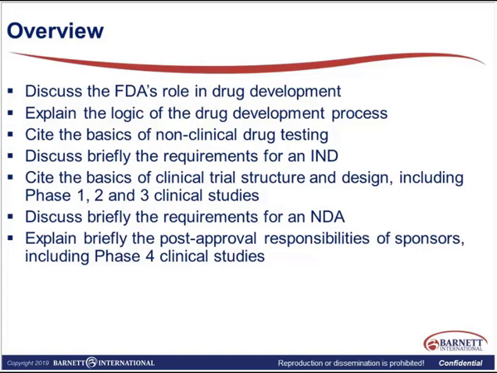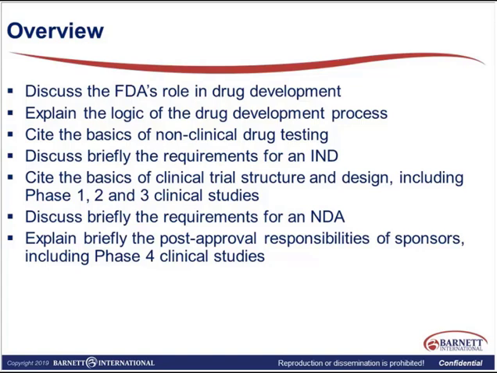We're going to describe the requirements for that investigational new drug, the basics of the different types of clinical phase of study, so our phase 1, 2, and 3, and the reason why we do those studies. Also the requirements that a new drug application must meet.